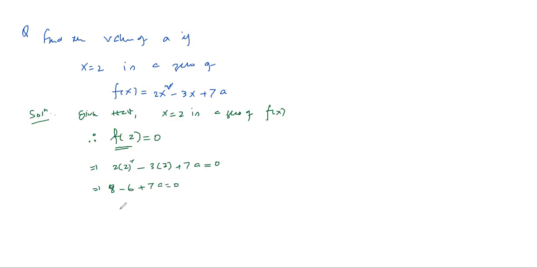So how much will we be getting? The value of a will be minus 2%. Check this. So this way you can find.